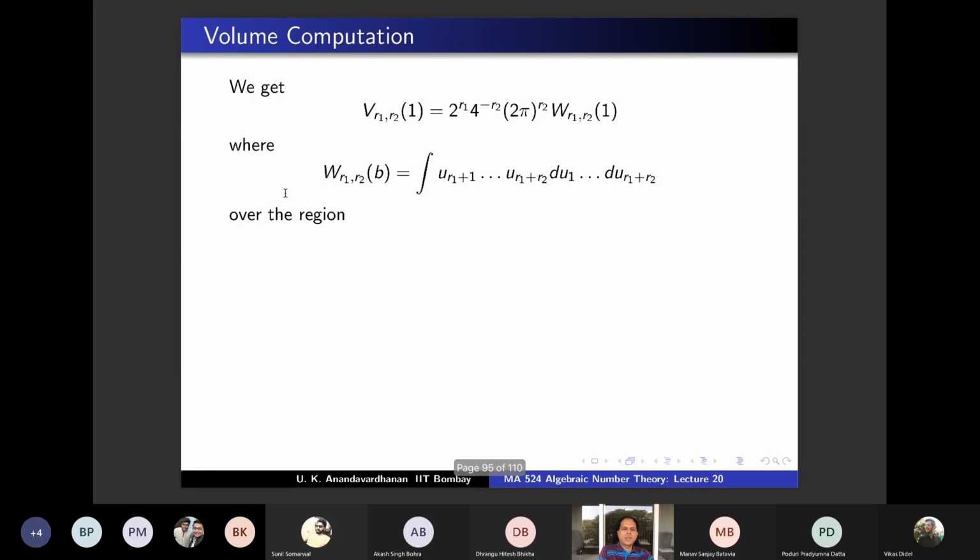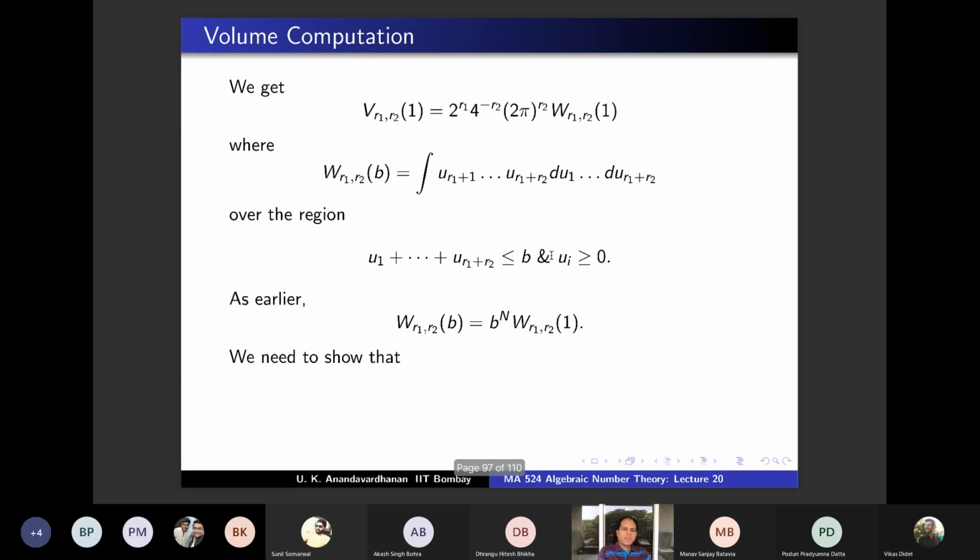And where are you integrating? This is over the region. There's no condition now. All the u_i's are positive, and u1 plus etc. plus u_{r1+r2} is less than or equal to b. This is like x plus y less than or equal to b, that kind of thing in more variables. All the u_i's are positive. As earlier, this is the same as b^n comes out, right?